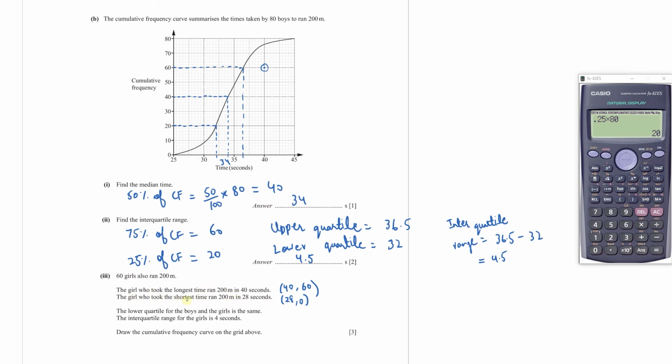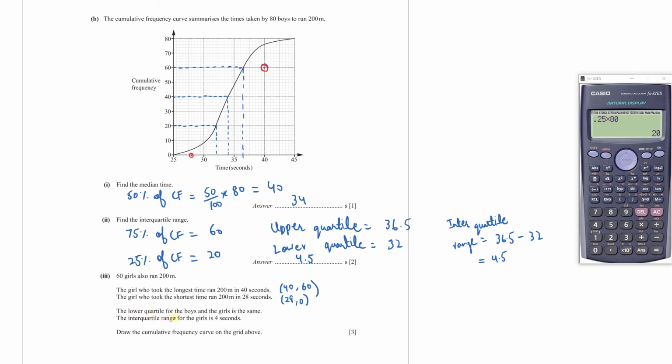So let me just erase this here. Let me mark these in red. So this is the first point. So 28 will be, this is 30, 29, and 28. So 0 and 28, like this.